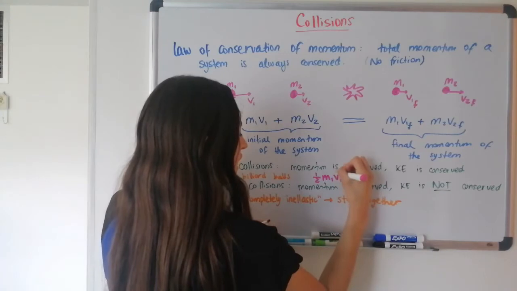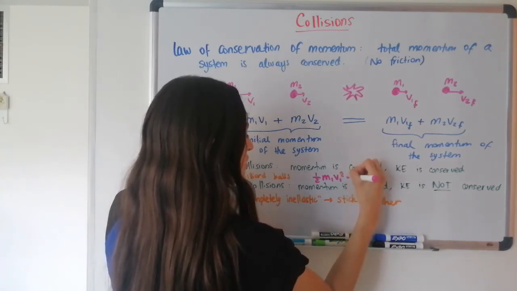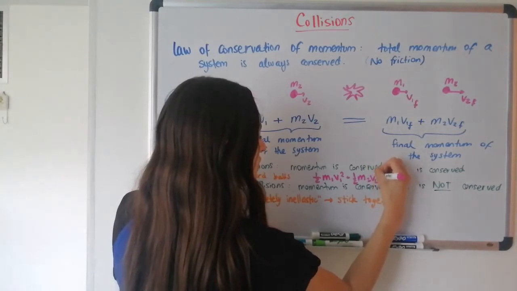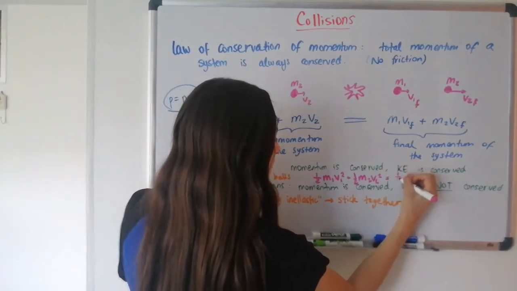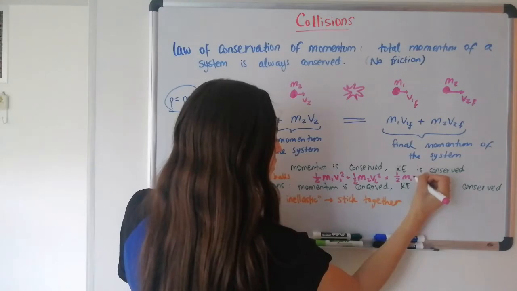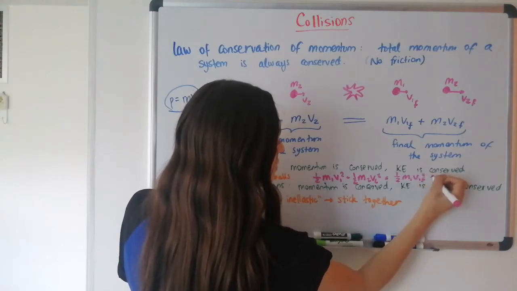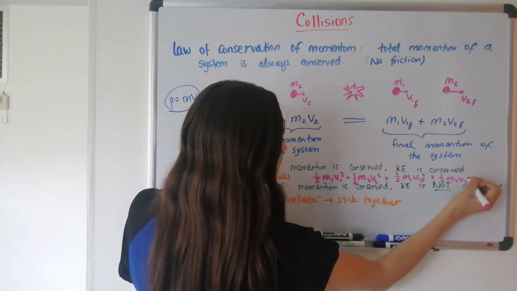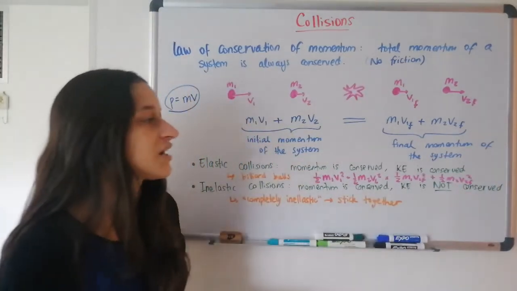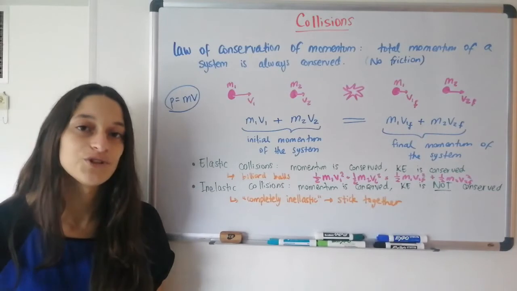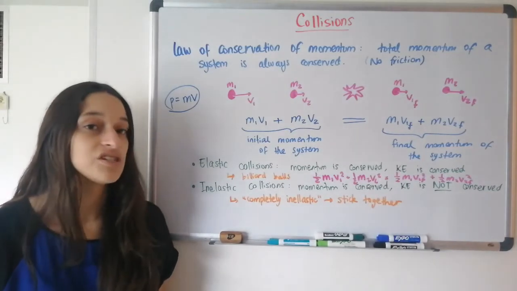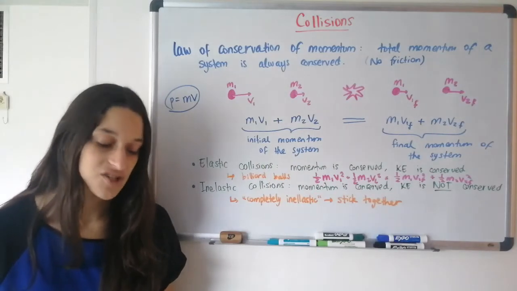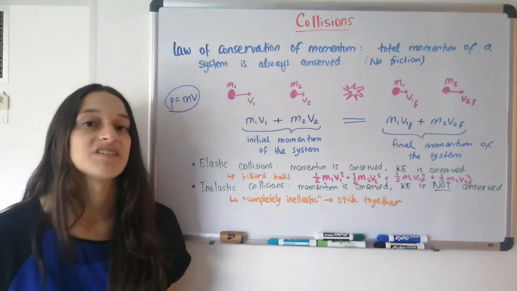So we have that 1/2 m1v1 squared plus 1/2 m2v2 squared is equal to 1/2 m1v1 final squared plus 1/2 m2v2 final squared. That is what you have to take into account. If you're told that a collision is elastic, you can use both equations to generate a system of equations and that way solve for the missing variable.